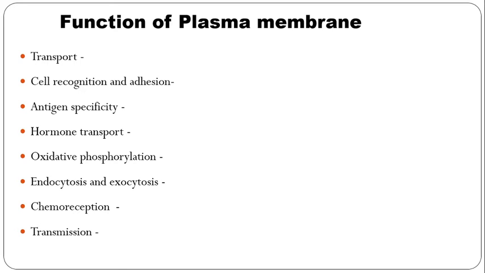Exocytosis is a process in which membrane-lined material is removed from the cell. Eating means phagocytosis and drinking means pinocytosis. Those are the two processes in endocytosis, and removing unwanted or membrane-lined material from the cell is exocytosis.